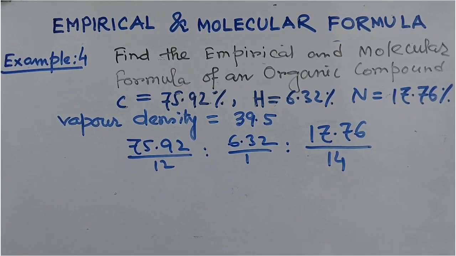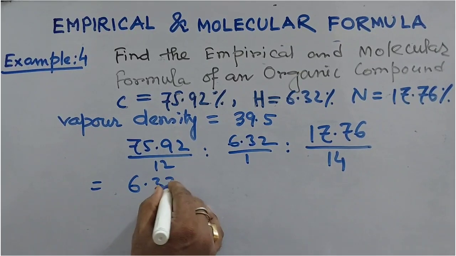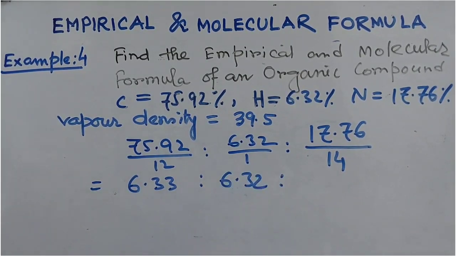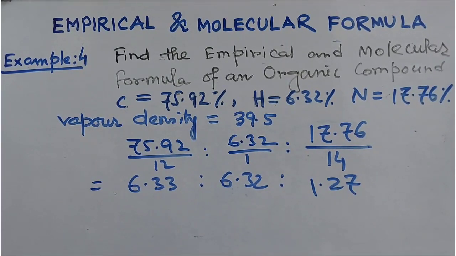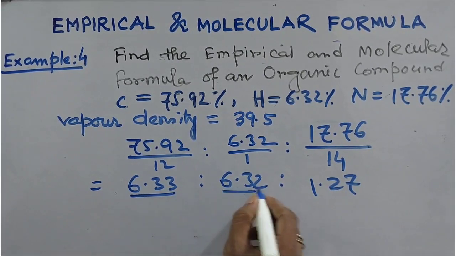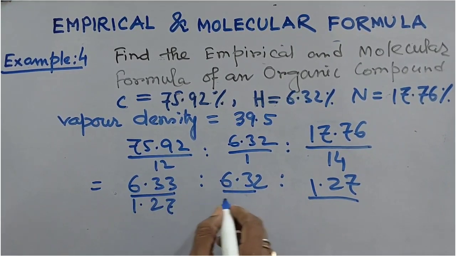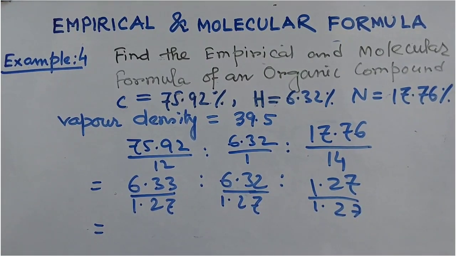By dividing, at first we get 6.33, 6.32 and 1.27. Now, what is the second step? The smallest number between them is 1.27 and we have to divide each number by 1.27. By dividing we get 5, 5 and 1.